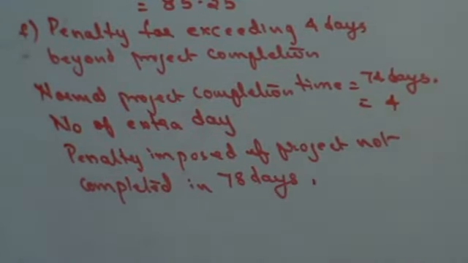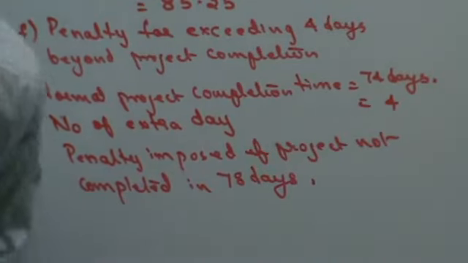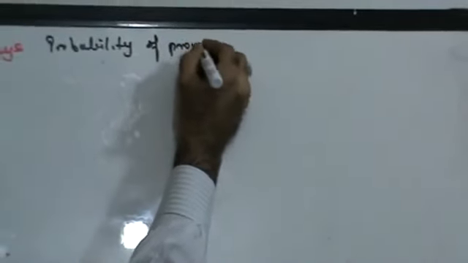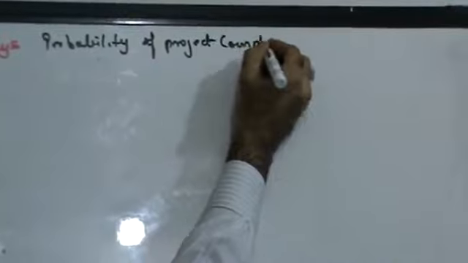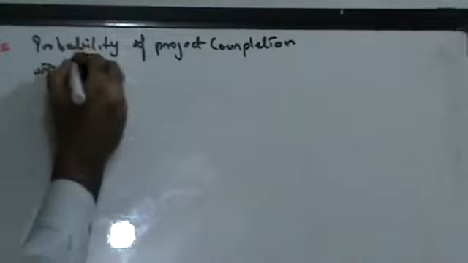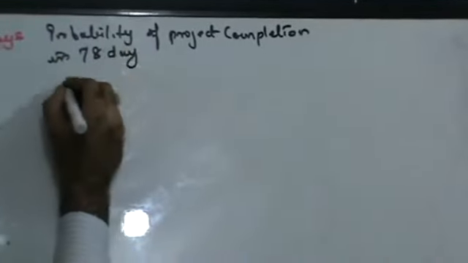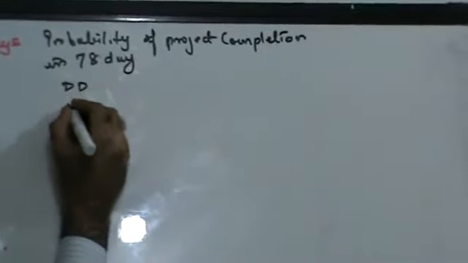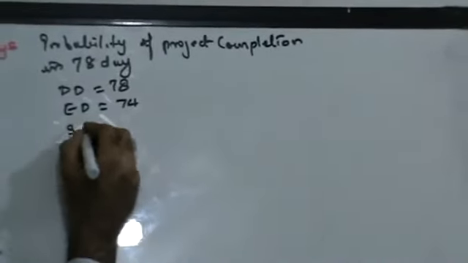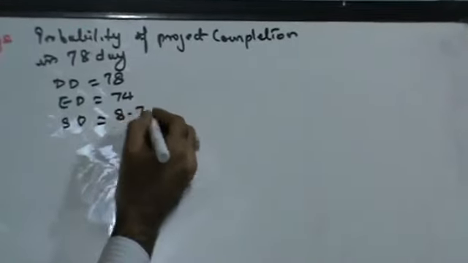First let us find the probability that the project is completed in 78 days. The due date is 78, the expected date we know is 74, and the standard deviation is 8.72.